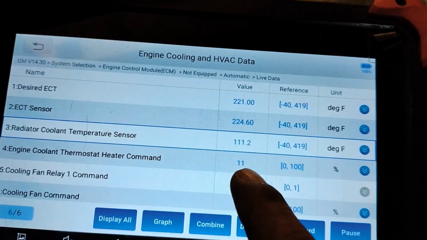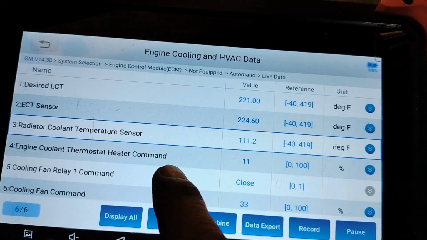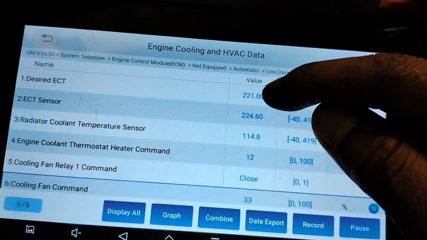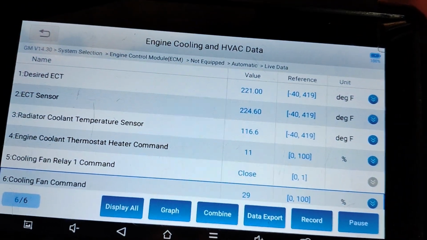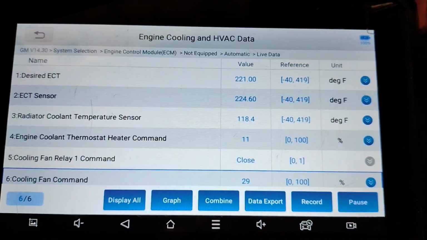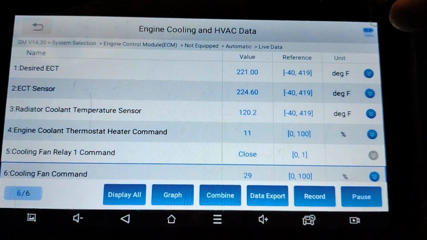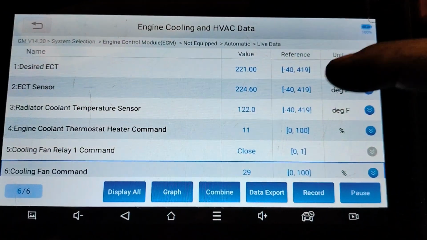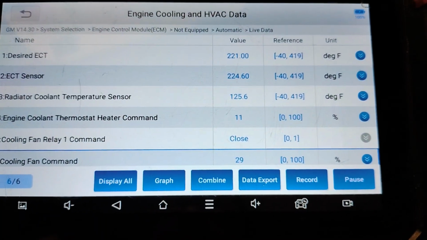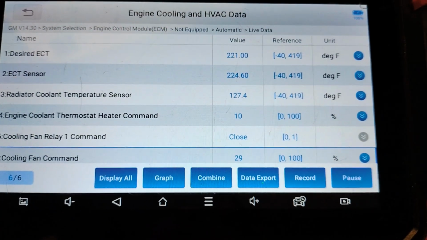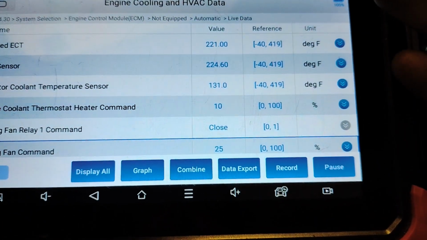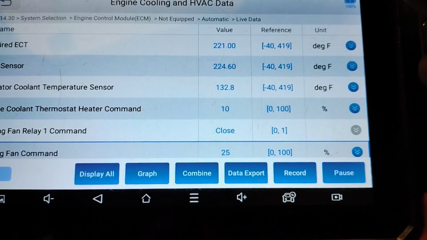What happens is that this is the thermostat heater command. Once the temperature goes above 221, which is what the vehicle should be around according to the PCM, when it reaches around 222, then the thermostat commands a percentage to be open in order for the coolant to flow around the engine and be able to cool the engine to that 221 temperature that the computer wants to see.